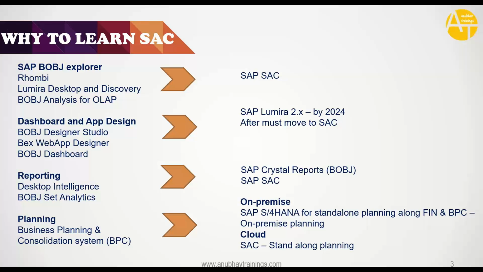Finally, for the planning and consolidation scenario, we already have a mature solution called SAP BPC, Business Planning and Consolidation, including even S/4HANA for on-premise. Going forward in the cloud, SAC plays a key role for doing planning and simulations in the cloud directly.